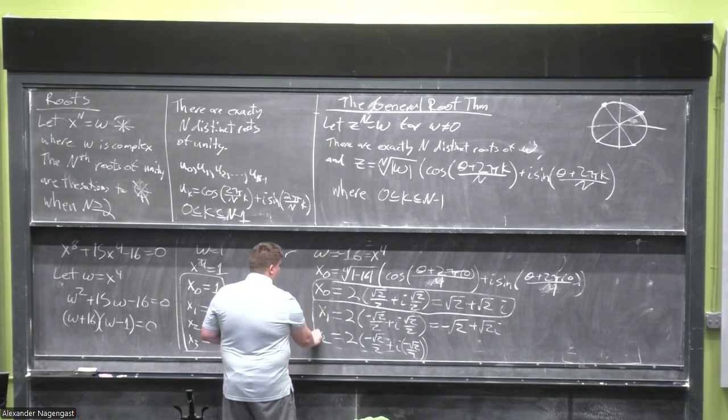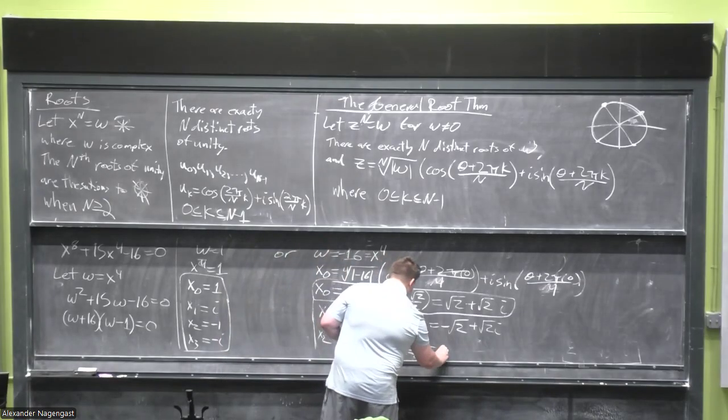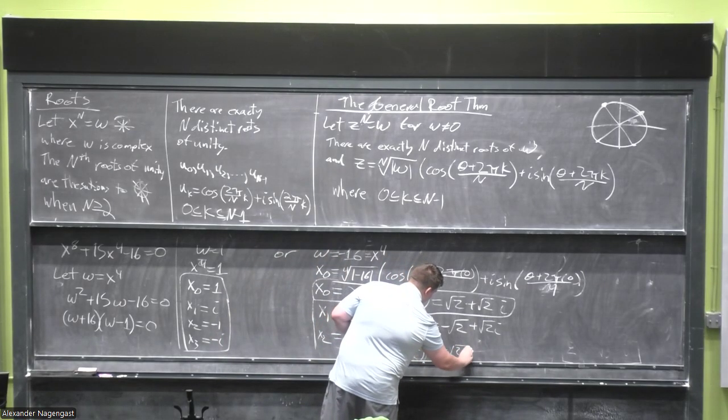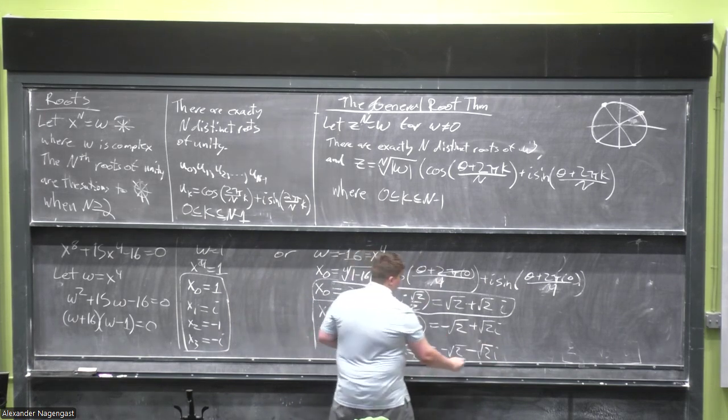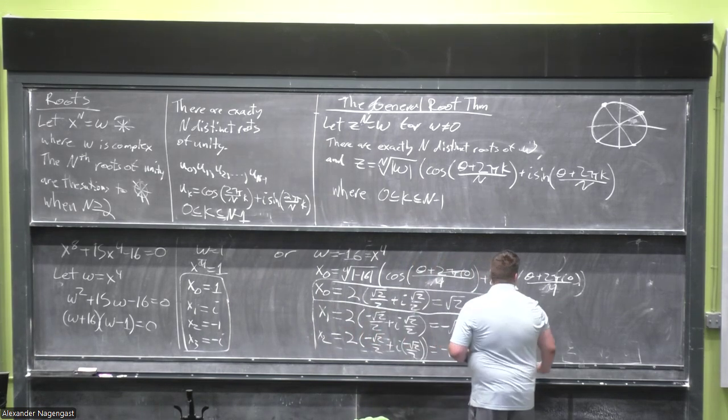And then to round this all out, we distribute and we get negative root 2 minus square root 2 i.